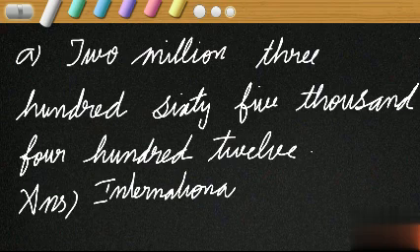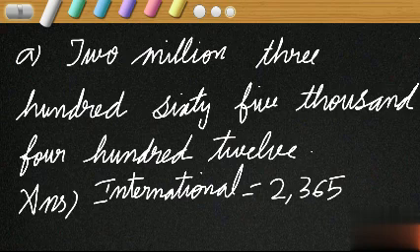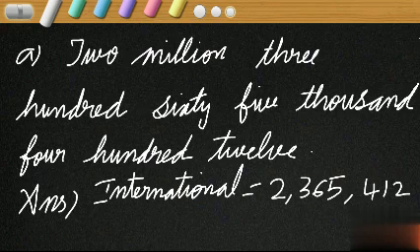What is the numeral? We have done it earlier. 2 million means 2 in the millions period. 365,000 means 365 in the thousands period, isn't it? And 412 means 412 in the ones period.